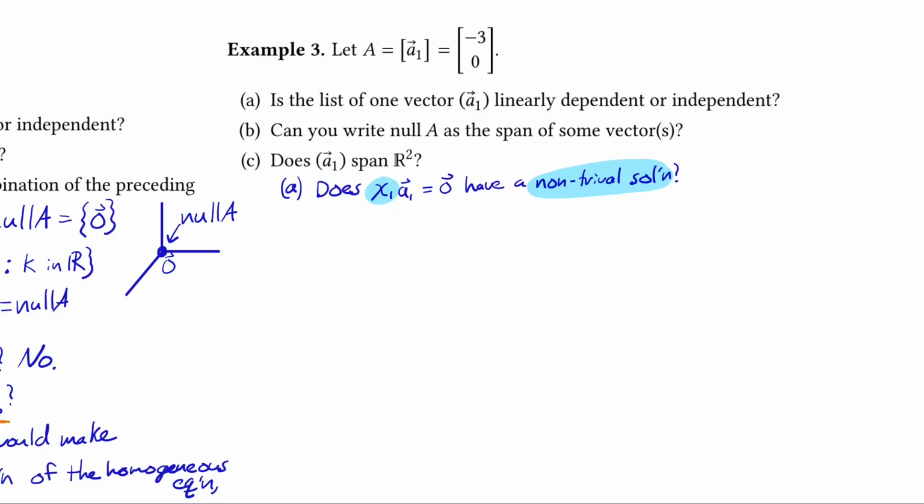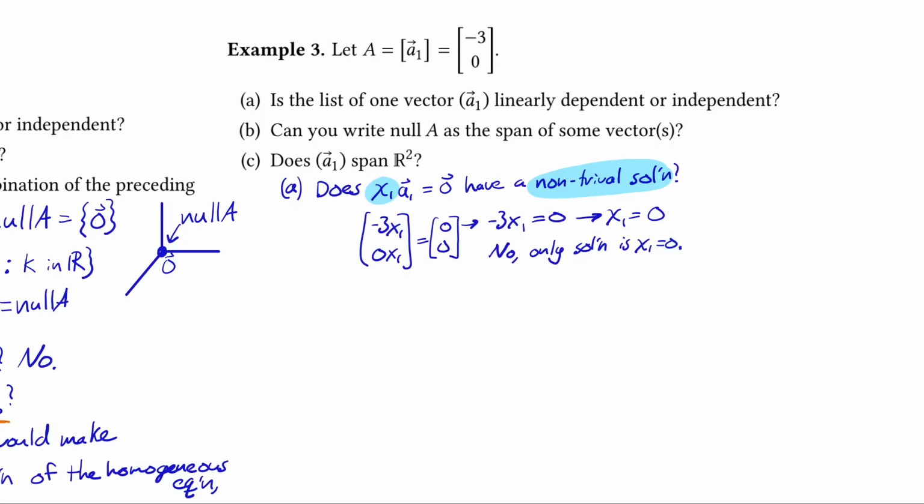Well, this equation would just look like negative 3x1, 0, x1 equals 0, 0. And just the first part of this says you'd have to have negative 3x1 equals 0, which you know from algebra means that x1 must be 0. So that means it's only the trivial solution, which means it is linearly independent.